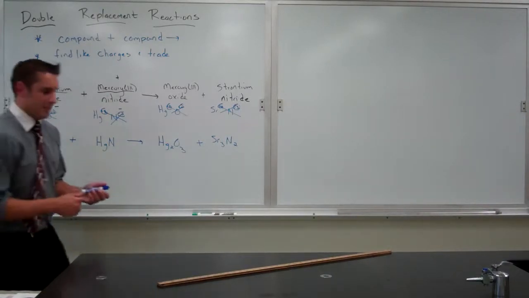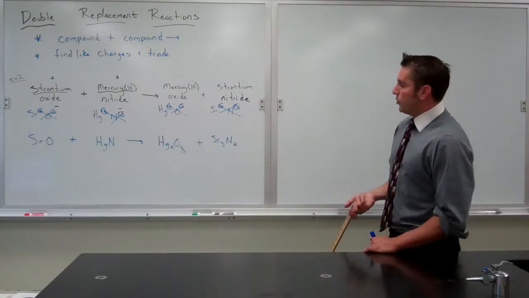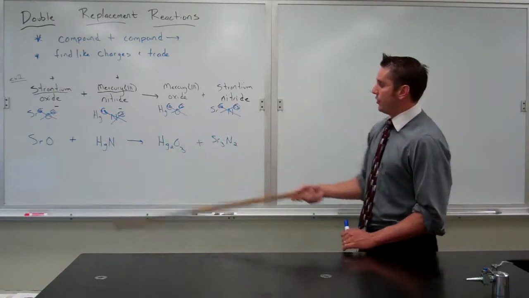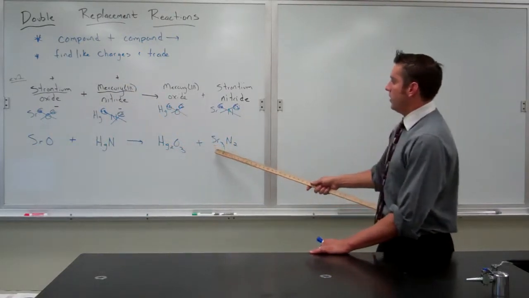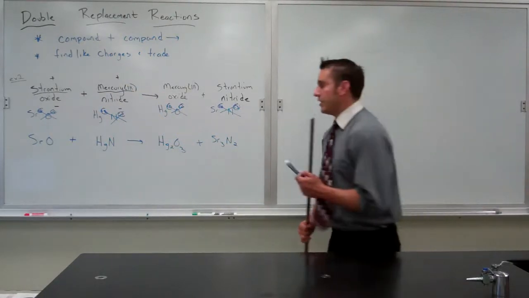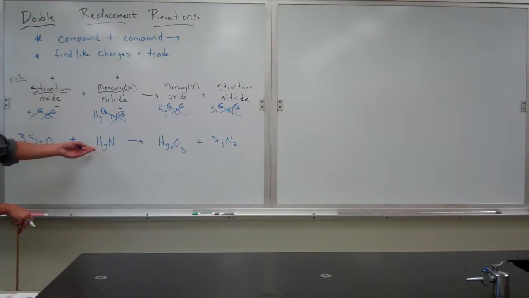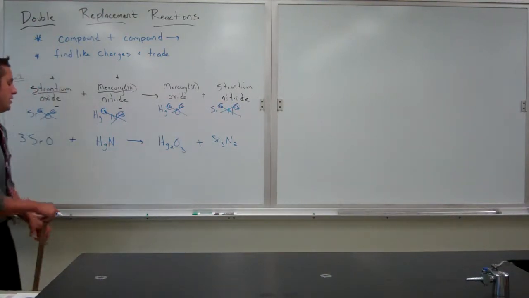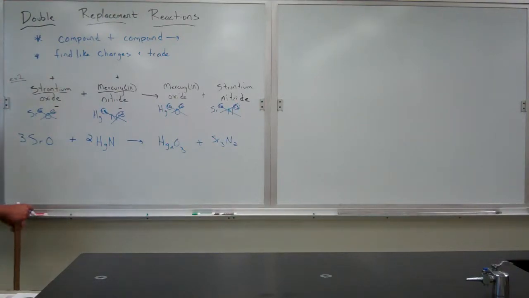Now it's a matter of balancing it. We save O's and H's for last, so we have to save this O till the end. So we start with, say, strontium. I see 1 strontium on the left, 3 strontiums on the right. So to fix that, I'll put a 3 in front of SrO. Now we'll move on to either nitrogen or mercury. Let's say mercury. 1 Hg here, 2 Hgs here, means I'll have to put a 2 in front of HgN.